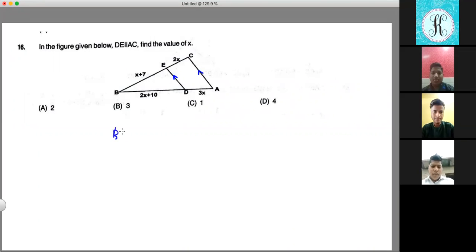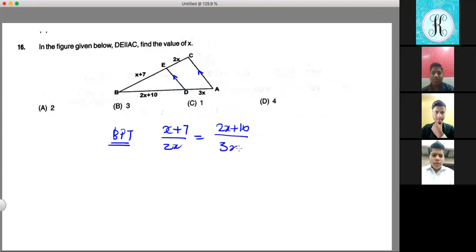We will use BPT. Okay, basic proportionality theorem, which will give us (x plus 7) by 2x is equal to (2x plus 10) by 3x. Which will be 3x square plus 21x is equal to 4x square plus 20x.